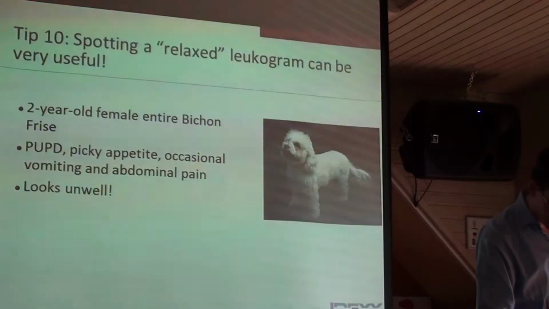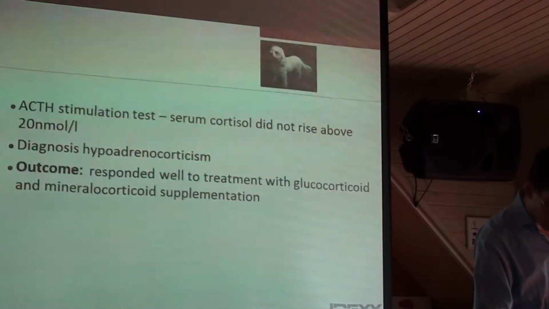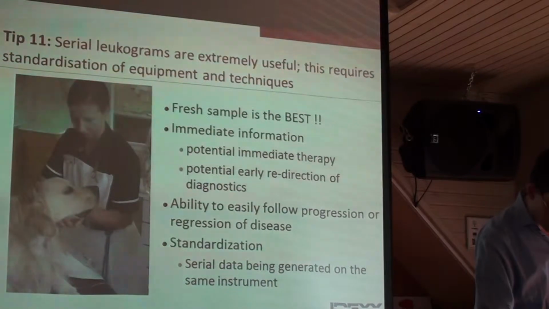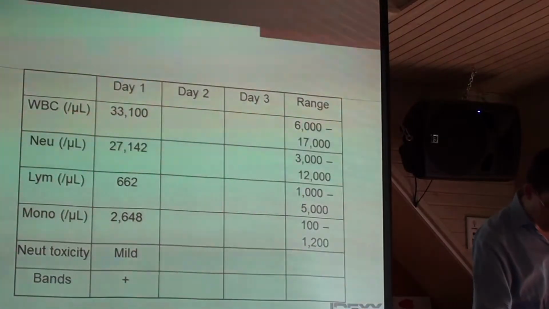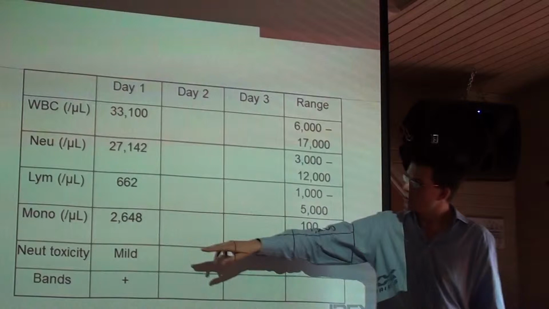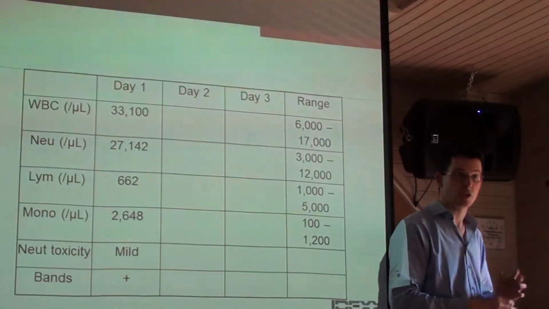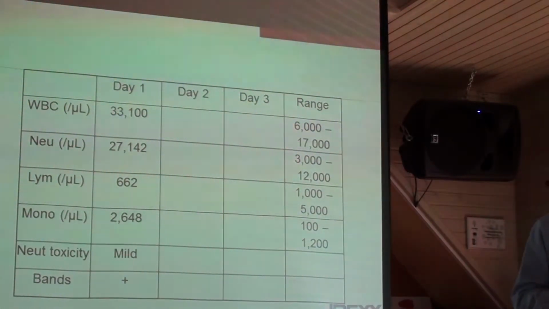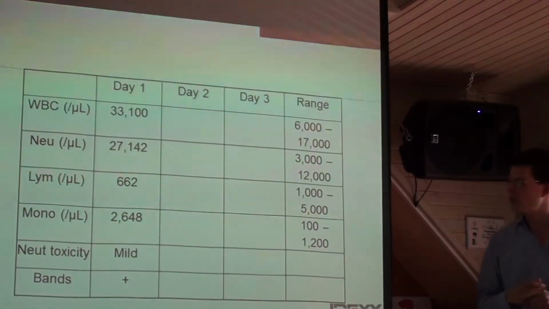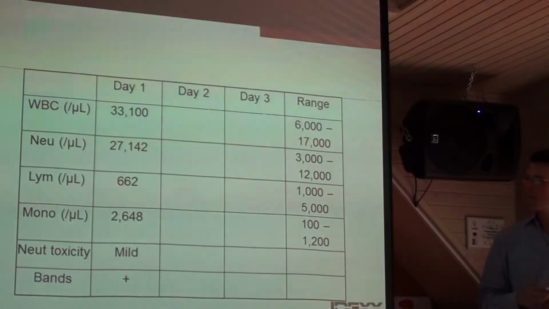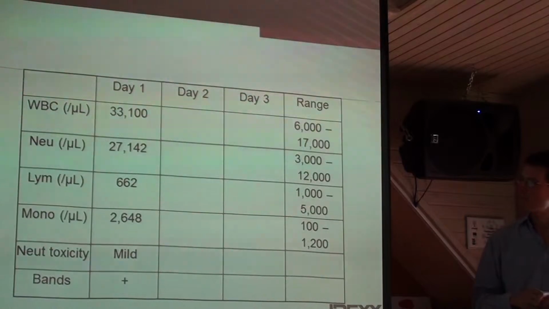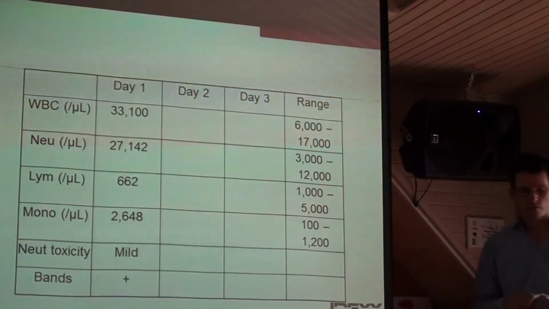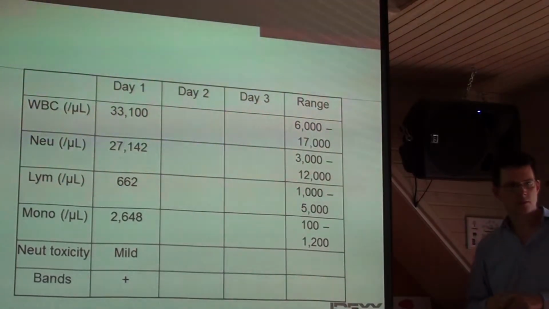Typically we associate an increase in monocytes with necrosis, and there will be plenty of necrosis in the uterus of this patient.